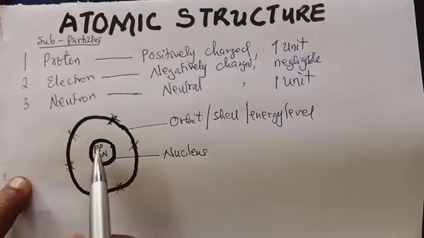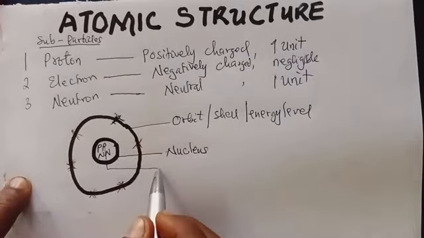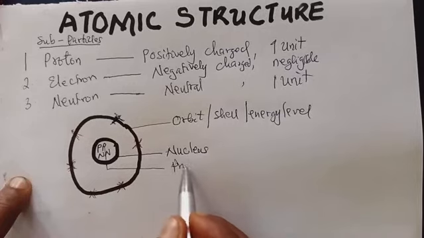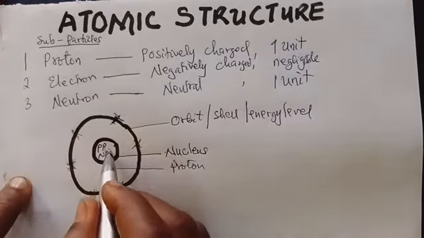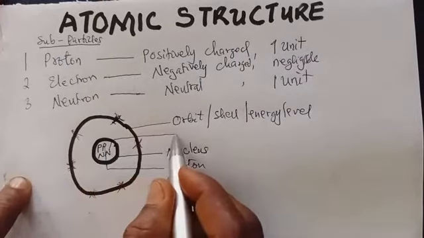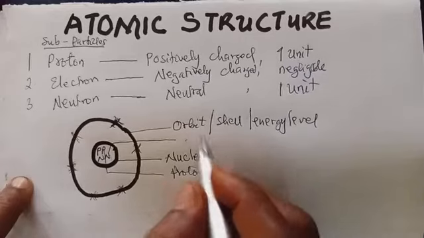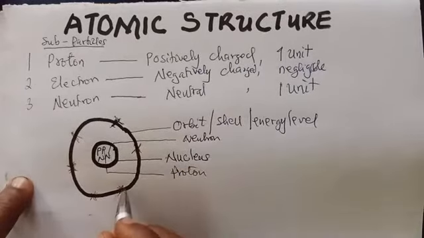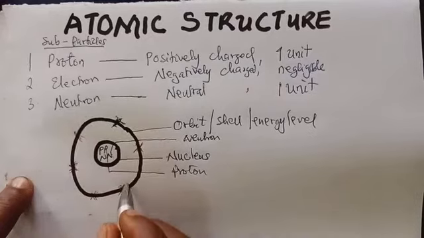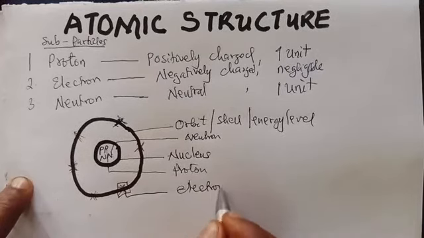So inside the nucleus, we have the positively charged proton. And we also have the neutron that has no charge. And in the orbit here, we have the electron.